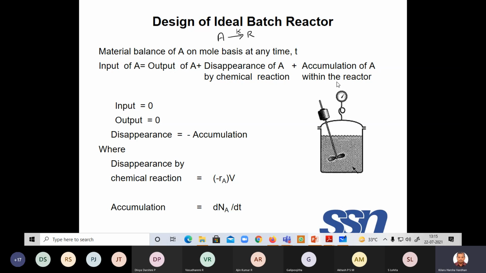That is the steady state or unsteady state material balance, because accumulation is coming. You are writing an unsteady state material balance. So here in this batch reactor: input of A, output of A, disappearance of A by chemical reaction, plus accumulation of A within the reactor.